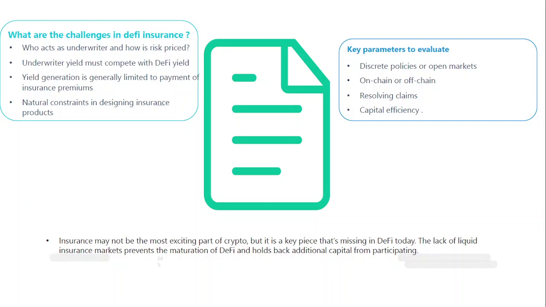The other problem is if you are a buyer of insurance products or discretionary products, it's pretty limiting in terms of the coverage, and also it's pretty expensive as well. That's fundamentally the main issue behind it. Principally, the risk in DeFi comes from smart contract risk.